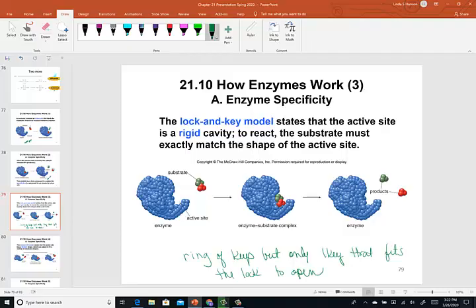The lock and key theory. You have a whole set of keys, but only one of those keys is going to fit the lock to actually open the door, for instance. So it's a very rigid state: the active site in its three-dimensional shape is complementary to the substrate, and only this substrate will fit in there. Any other substrate will not fit in, and therefore the reaction would not occur.